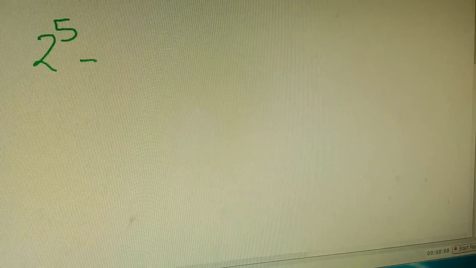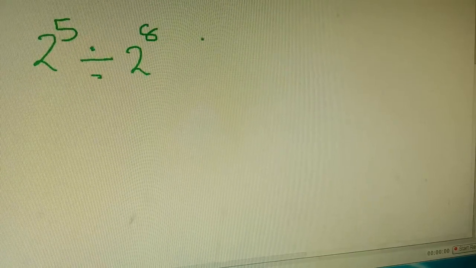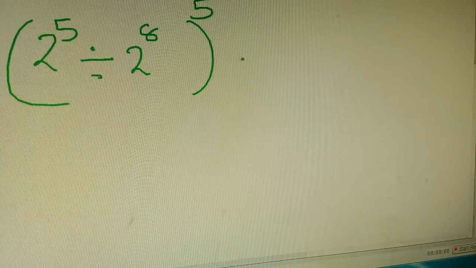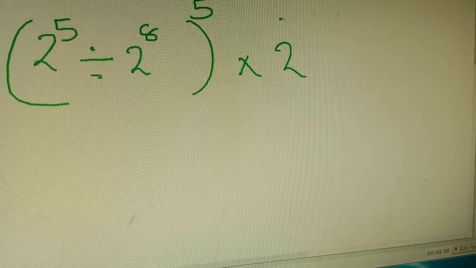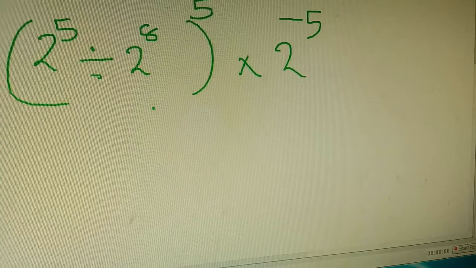2 to the power of 5 divided by 2 to the power of 8, whole to the power of 5, times 2 to the power of negative 5. Then one by one we can do.